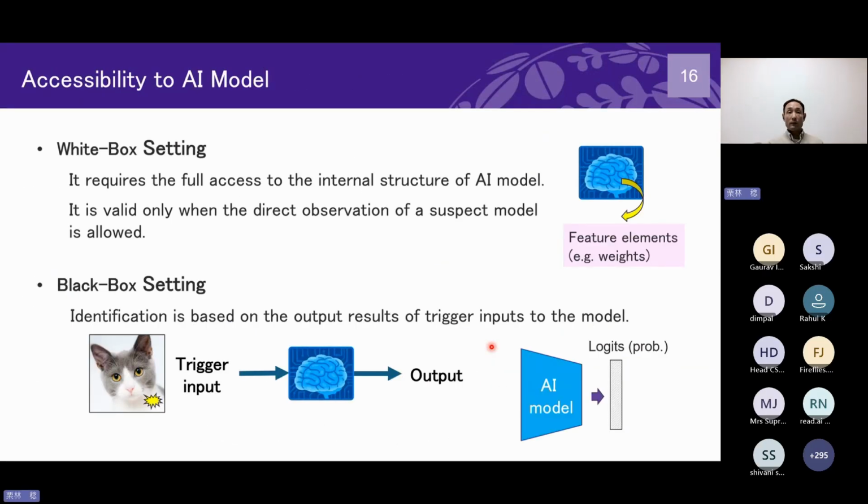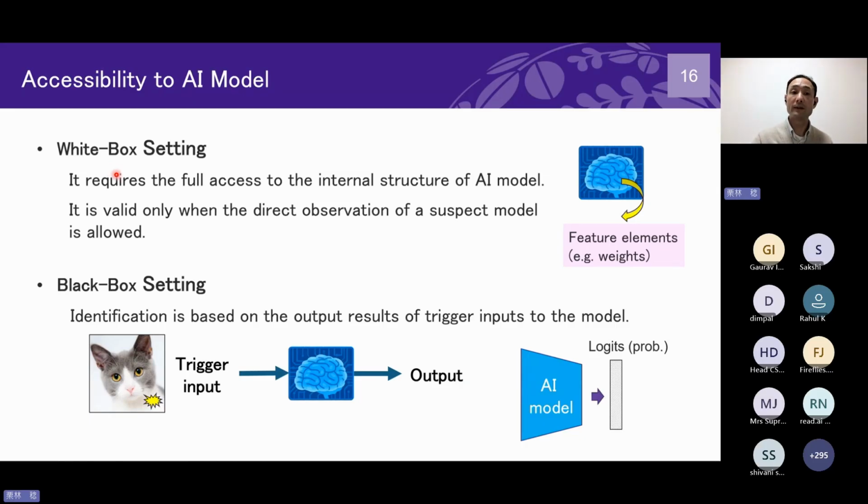Okay, now we move to the other perspective of the DNN watermarking. So there are two possibilities for the owner of the model. In the white box setting, the owner can access the internal structure of the AI model or the internal weight parameters.